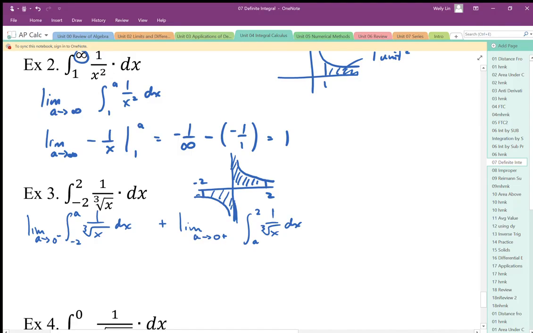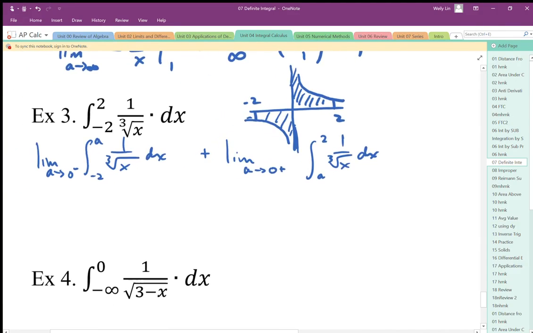Okay. I'm going to anti-differentiate this. That's power negative 1/3. So this becomes the limit as a goes to 0 from the negative side. Power negative 1/3 becomes power positive 2/3, divided by 2/3.